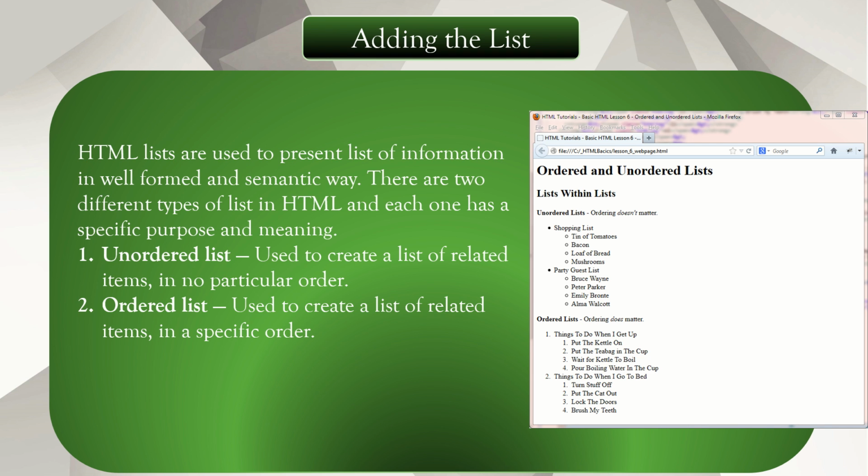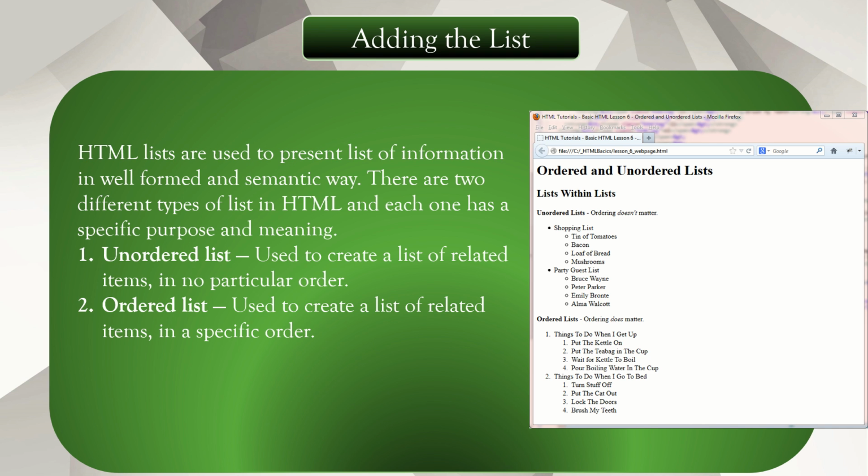And the ordered list is used when you want to specify a specific number for the items in your list. So it is used to list the related items in a specific order. This means that if you want to give numbering to the items, we will go for the ordered list.